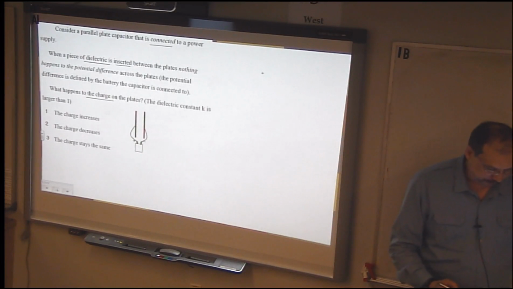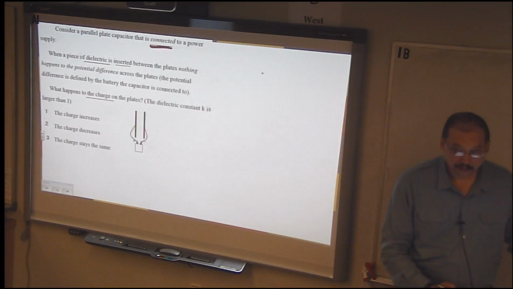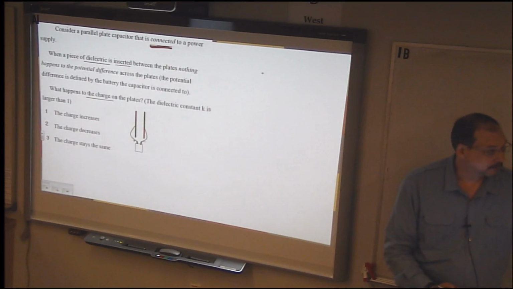First, we need to know what remains constant. And the key word is this. When capacitor remains connected to the battery, what should definitely be constant? What do you think?